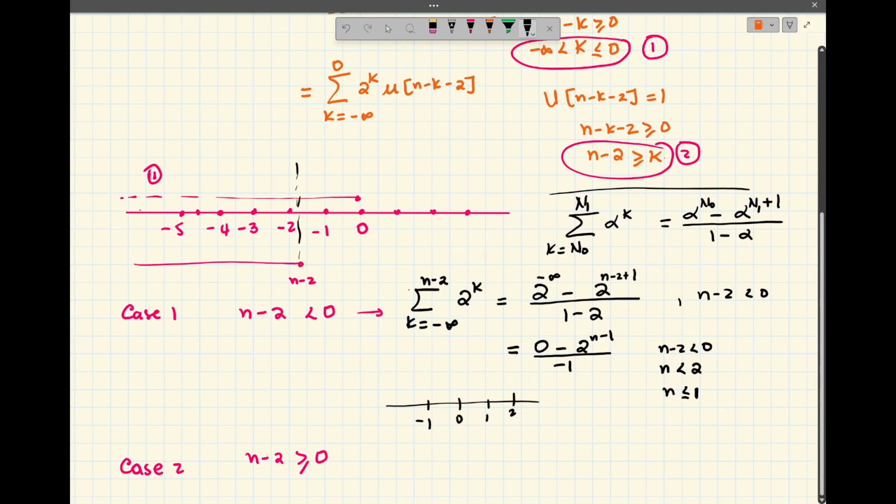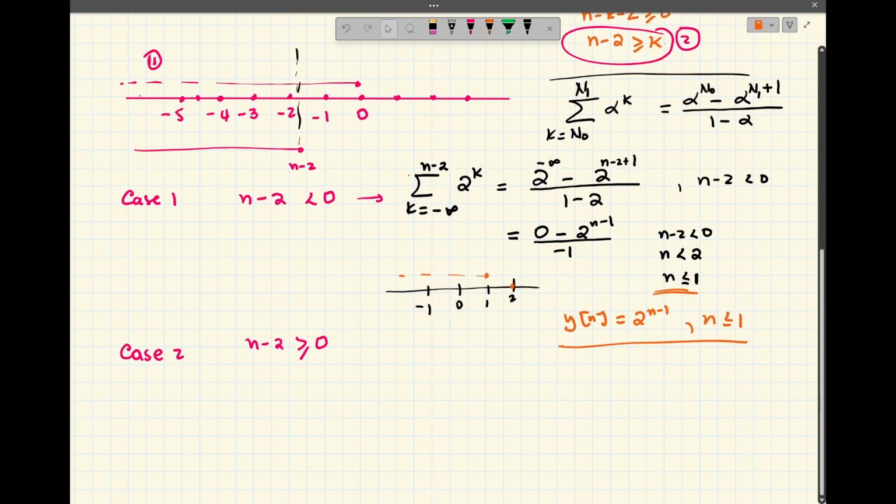So n is strictly less than 2. That means it must be at most equal to 1, right? So n is less than or equal to 1. So for this case, we have y of n equal to 2 to the n minus 1, n less than or equal to 1.